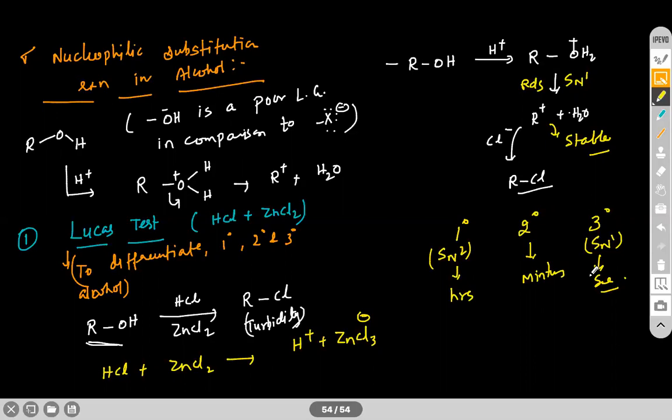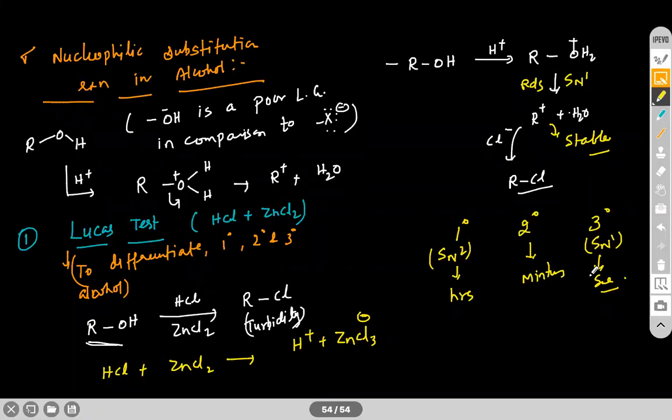Maybe it is available easier at a cheaper rate. There are many possibilities, right? Or we can also say that it involves a faster rate in comparison to AlCl3. So that's why we are using ZnCl2. But yes, AlCl3 also has a similar kind of function.